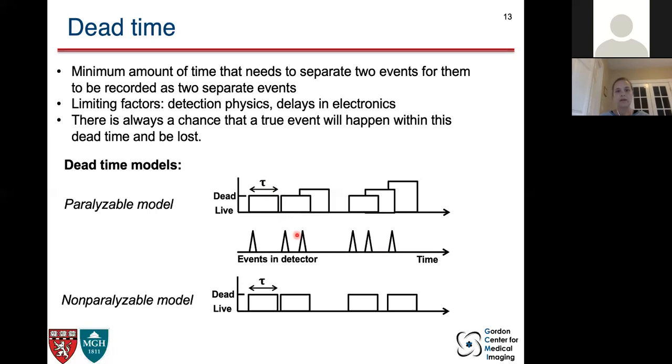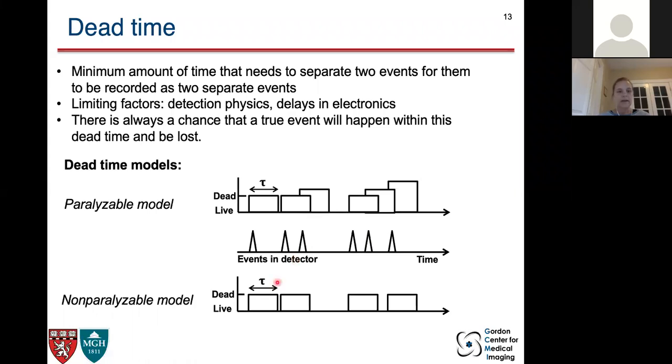But if an event happens within the dead time of a previous event, in the parallelizable model, this event will not be counted as a new event, but it will extend the dead time of the original event. So for these 6 events, we will only register 3 events with the parallelizable model.